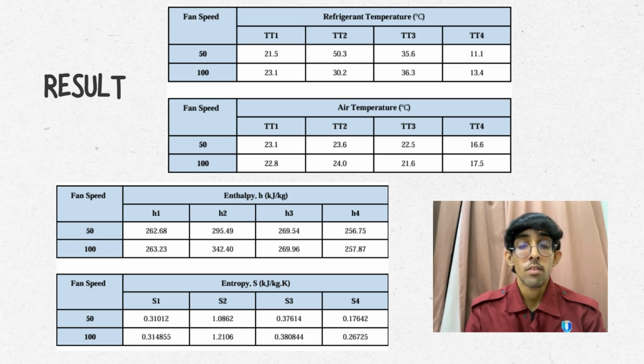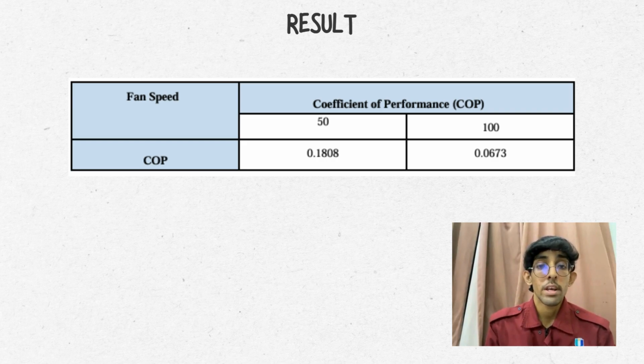So, firstly, for the result, we take the refrigerant temperature, air temperature, enthalpy, and entropy. For this experiment, we use 50% fan speed and 100% fan speed. So as we can see, at 50% fan speed, the COP was 0.1808, which indicates the better energy efficiency.